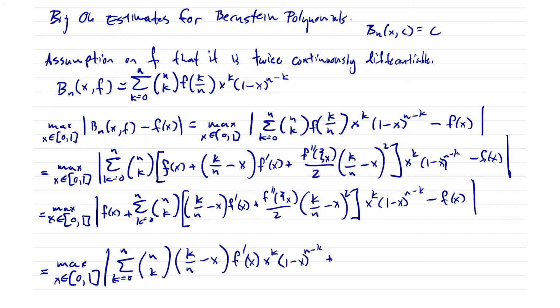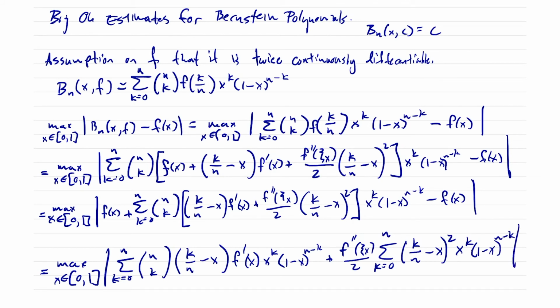Then we have plus f double prime of xi, which depends on x, over 2. And then we have the sum k going from, say, 0 to n of k over n minus x squared times x to the k times 1 minus x to the n minus k.